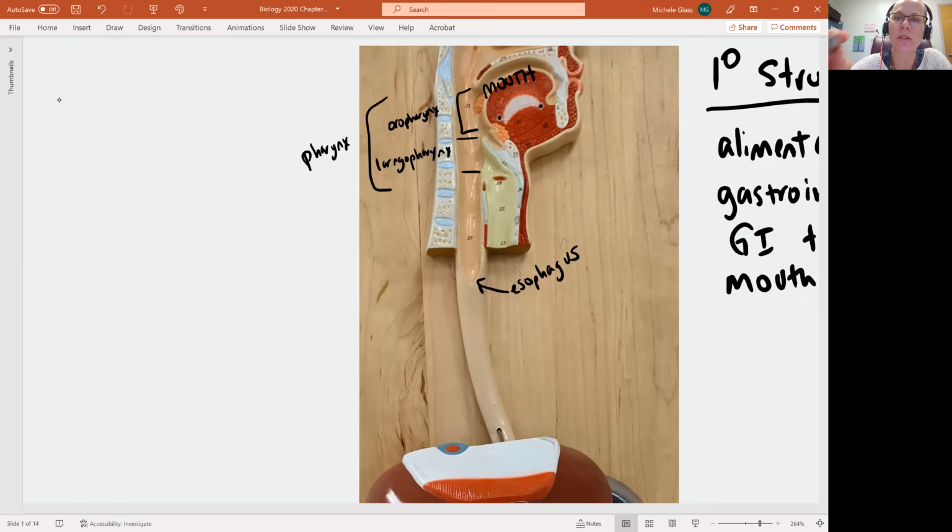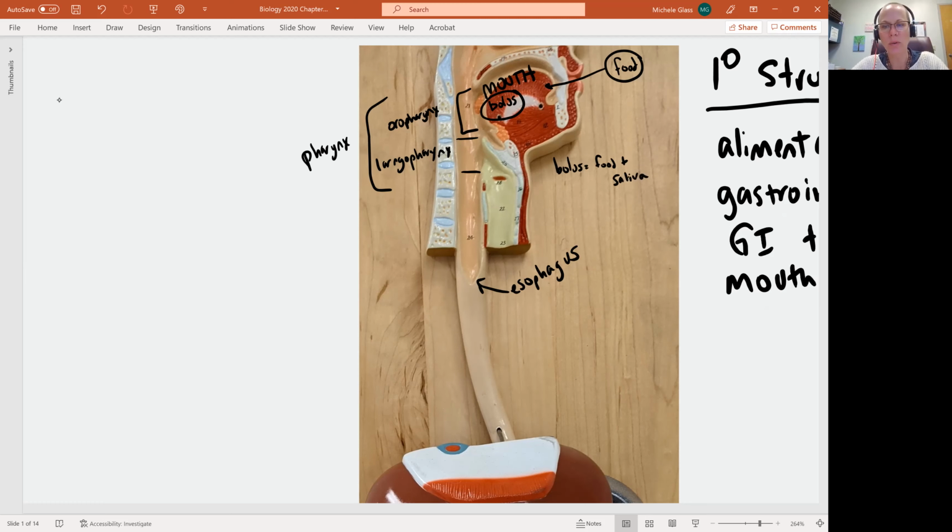Let's say we have food that we're eating, goes into the mouth. And as soon as it mixes with the saliva, we call it a bolus. So bolus is talking about food plus saliva.